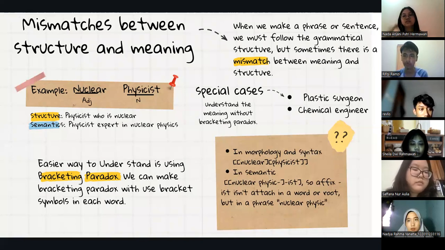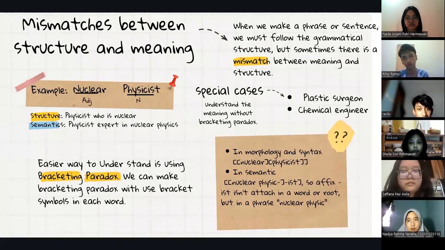And for the next topic is mismatches between structure and meaning. So when we make a phrase or a sentence, we must follow the grammatical structure. But sometimes there are mismatches between the meaning and the structure of the word or the phrase. So in this section, we will discuss the mismatch between the meaning and the structure. For example, we have nuclear physicist.